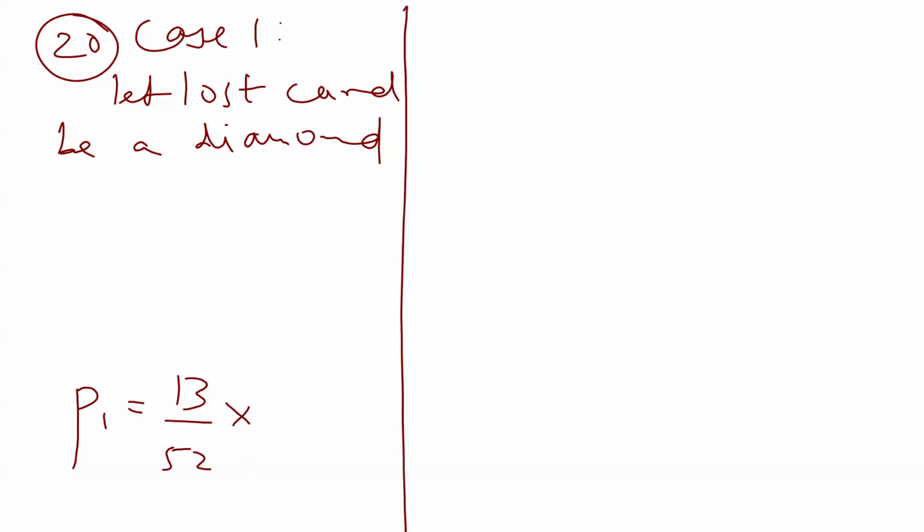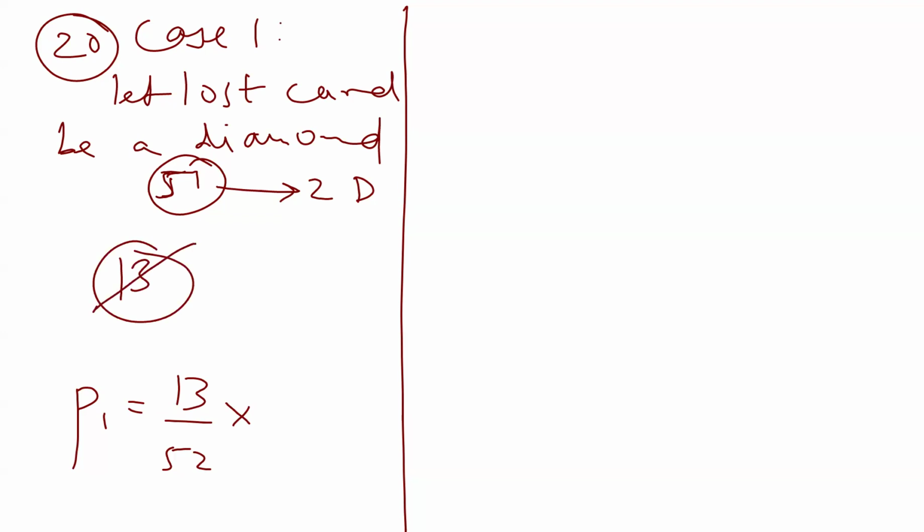Now after one card was lost and it was a diamond, we are left with only 51 cards. Out of these 51 cards we require two diamonds. If you read the second line, two cards are drawn and both are supposed to be diamonds. Now there are 12 diamonds left because the lost card was a diamond. So 13 diamonds were there, now there are 12.